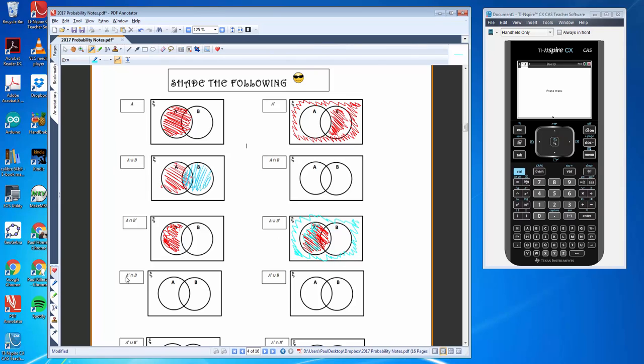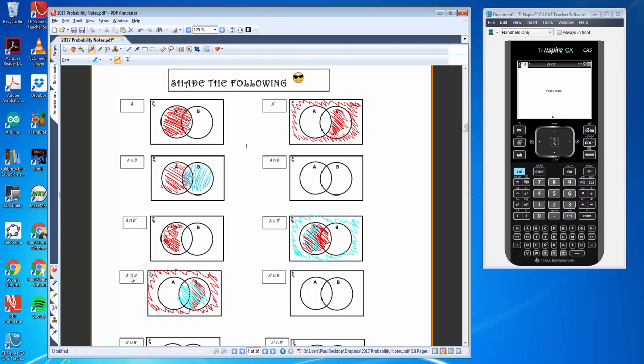Alright, not A and B. So let's first of all shade not A. Not A is B only, and this outside part. And B is all of that.